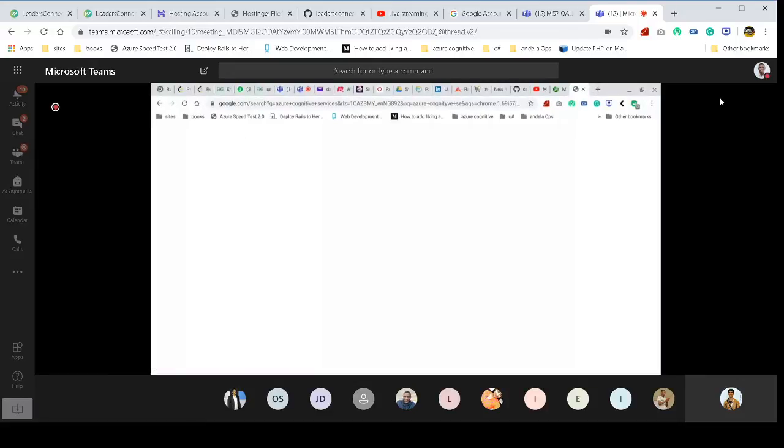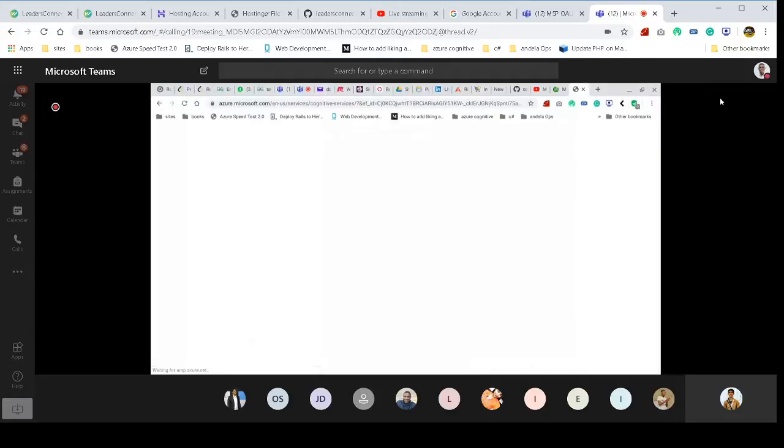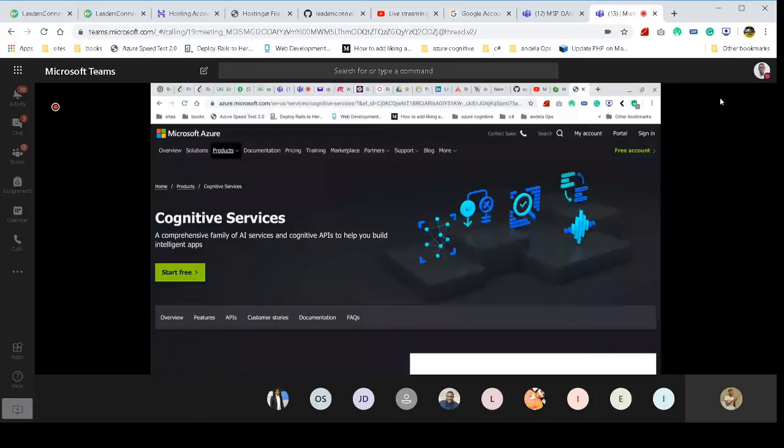Basically, before, if you wanted to do anything around AI, you had to get a whole serious AI team that would work on probably Python and write thousands of lines of code just to have an image recognition system or speaker recognition system or any form of artificial intelligence you want.